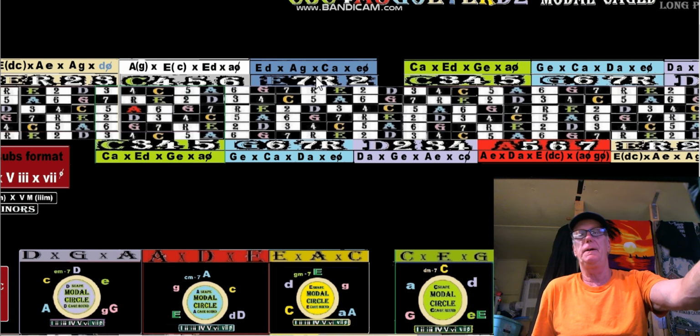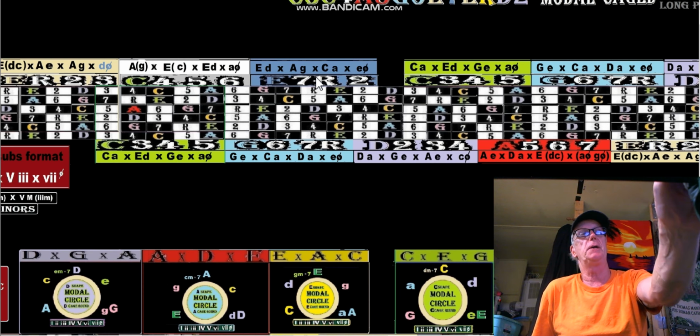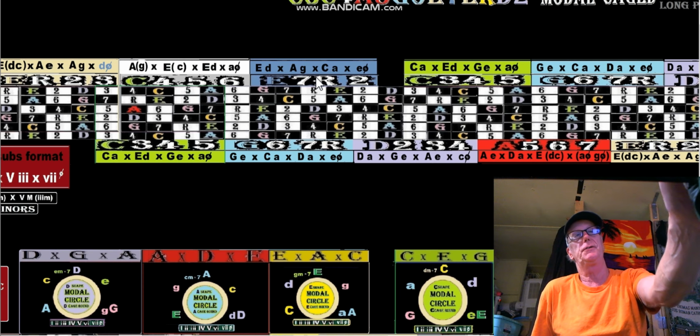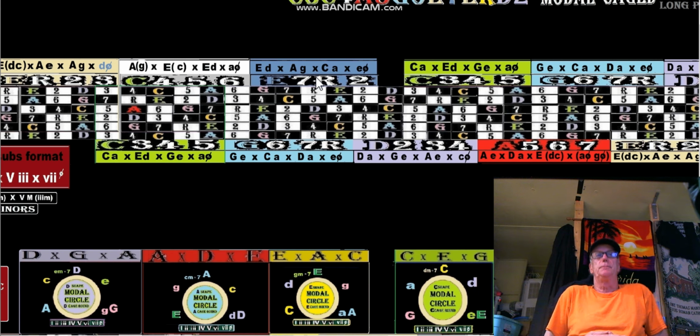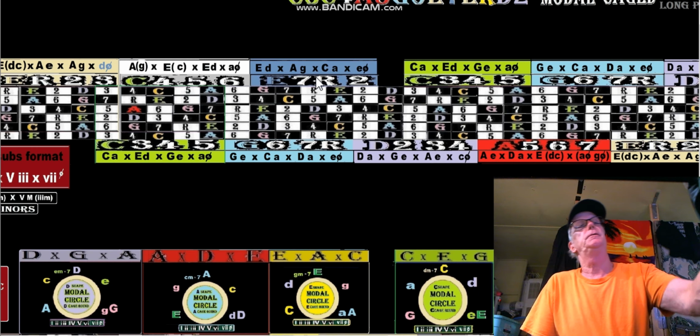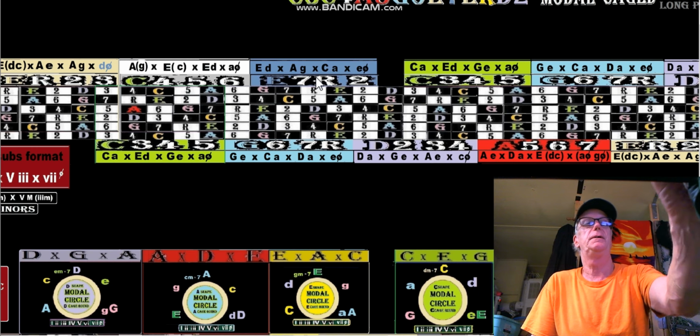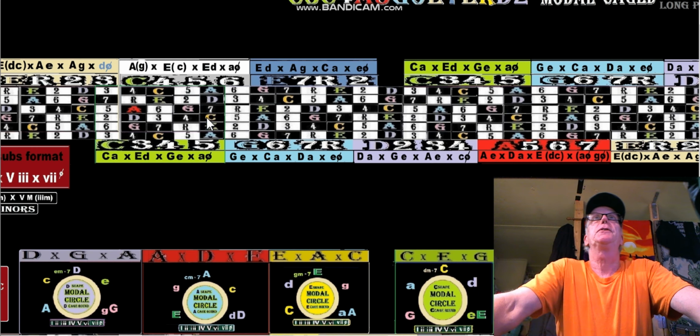The 4 is the 4 major, and the 5 is the 5 major, which is a dominant. The 4 is a major in triads. In pentatonic it's a major, but when you go to diatonic it is a Lydian. Okay, and so that's good to know.